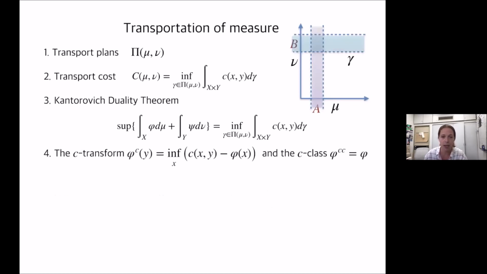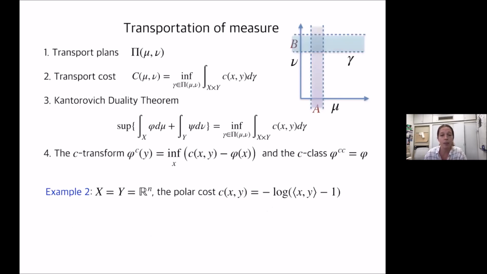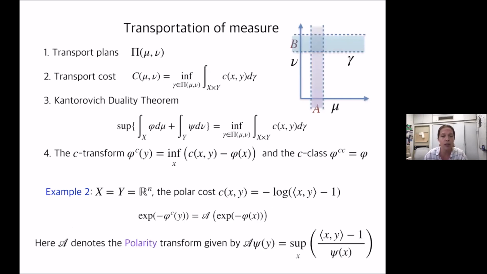And the second example is taking the polar cost. This is minus logarithm of (x dot y minus 1). When you plug the polar cost into these two spaces, it's not hard to compute that the c-transform is no other than the polarity transform A on functions, which was discussed in my works with Vitali Milman, and it was actually defined by Rockafellar in his 1975 book, but then it didn't receive much attention.